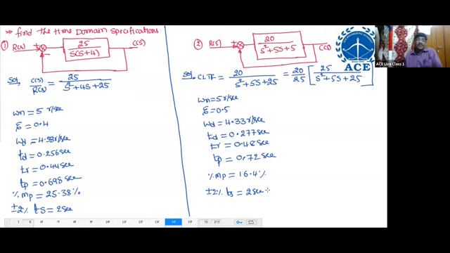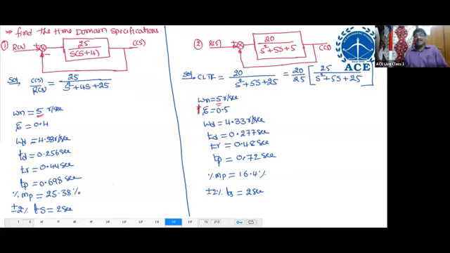Now we'll make a conclusion by comparing these two answers. See, what is the conclusion? I told very clearly, whether you remembered or not, I took omega n the same. Here also 5, here also 5. Just slightly I increased zeta.